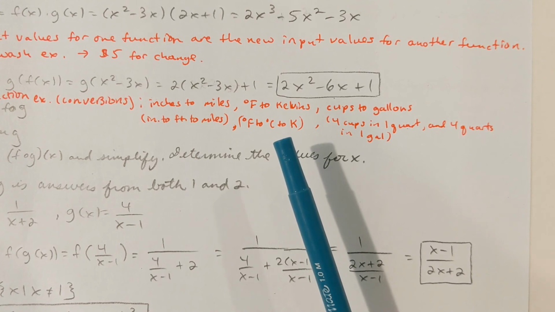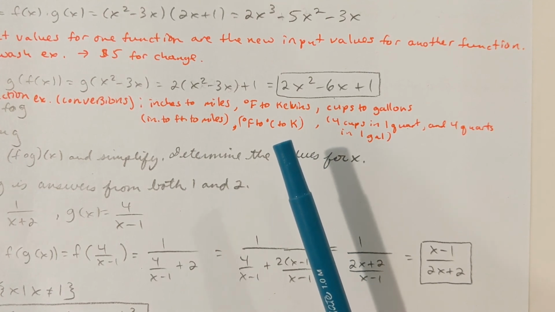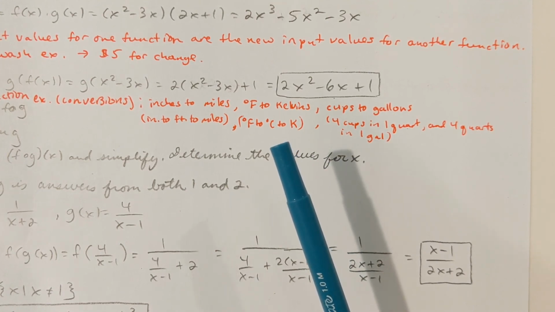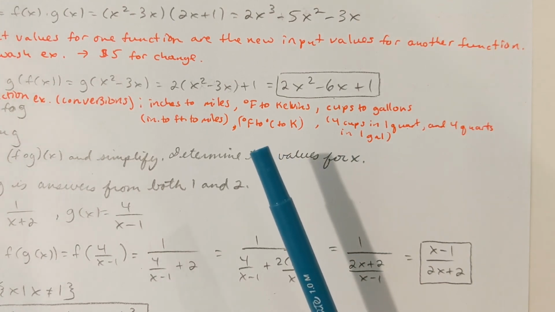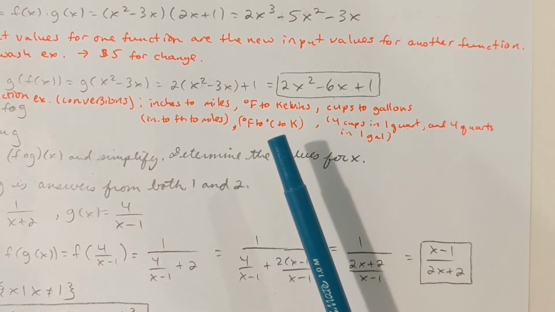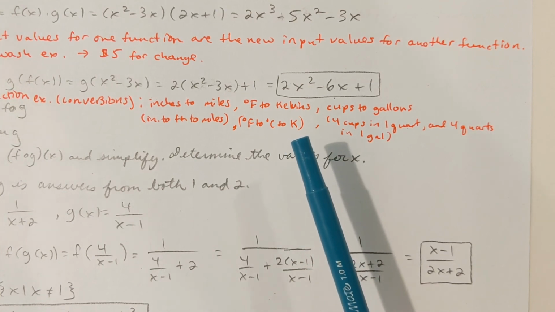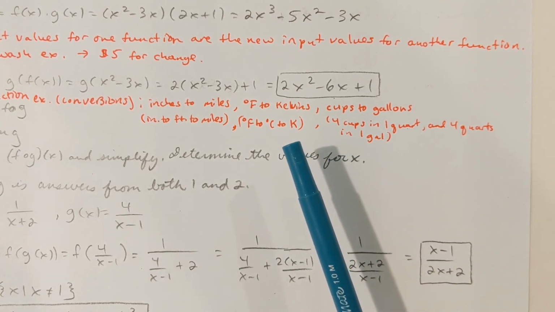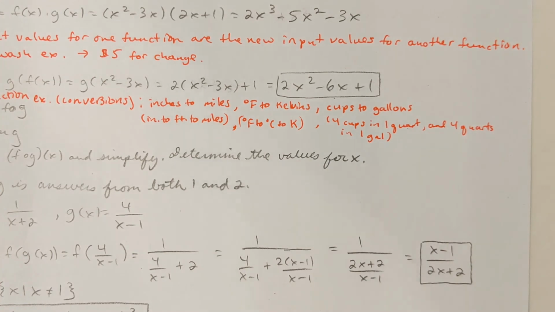Scientists sometimes have to work with temperatures where the units are different units. The common unit measures for temperatures are degrees Fahrenheit, degrees Celsius, and then kelvins is a common one for different areas of science. Suppose that you had a temperature value that was given in degrees Fahrenheit and you wanted to know what that looked like in kelvins.